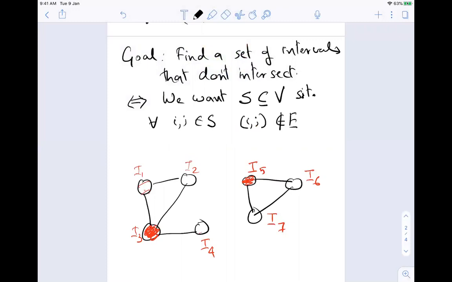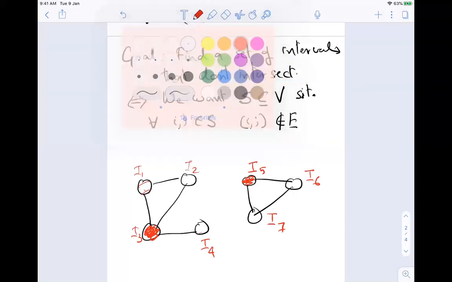Okay, this is a very basic translation to the language of graphs. Am I clear here? Yes, sir. Okay, there's no issues. I've just converted this definition in English to a definition in graphs. Okay. Now, such a set.